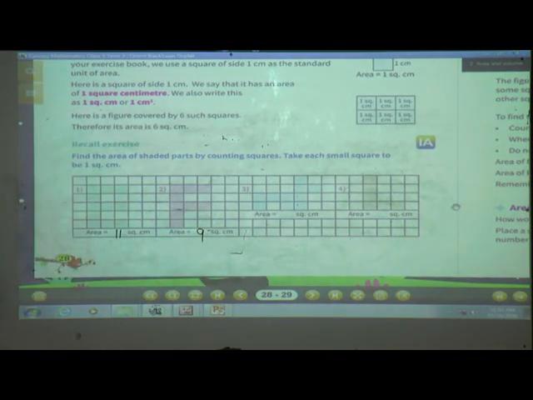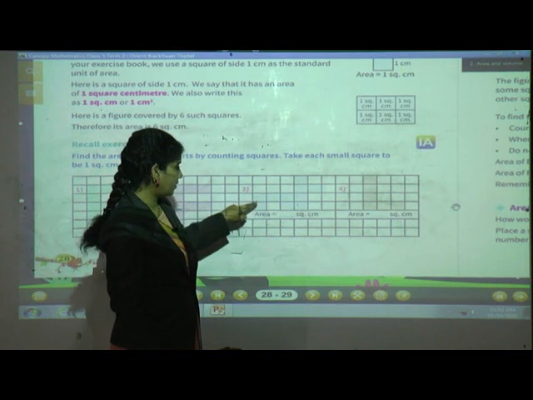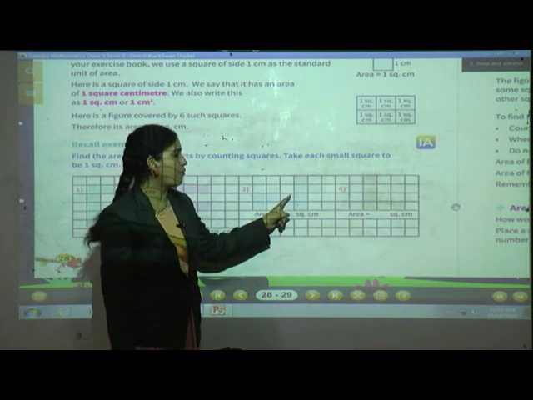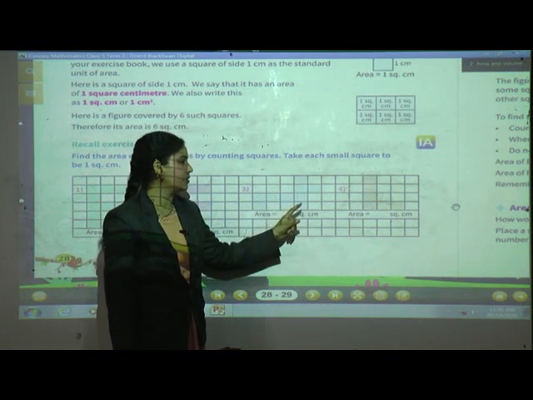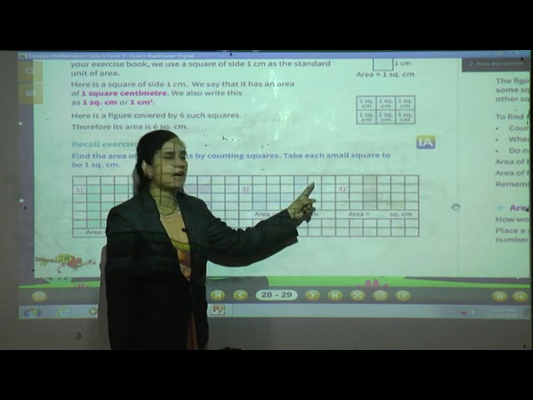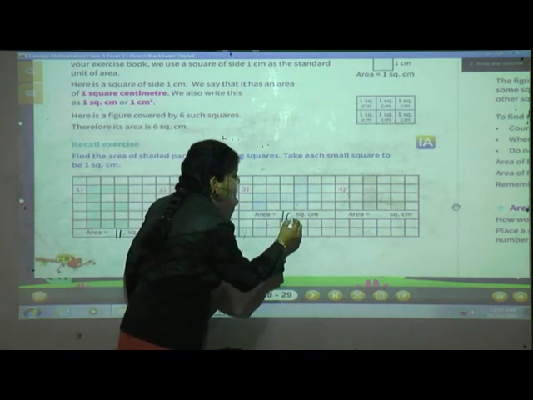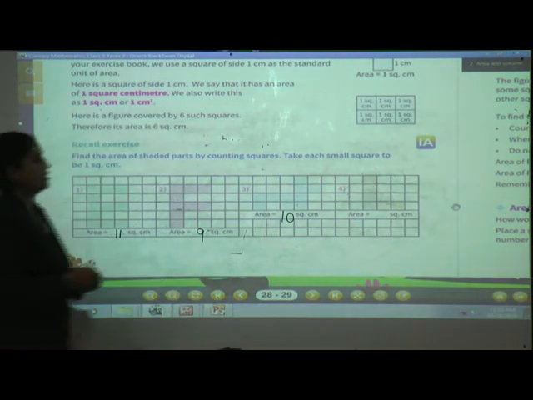Again the next one, third one, count the shaded part. Yes students, count it. 1, 2, 3, 4, 5, 6, 7, 8, 9 and 10. So the answer is 10 square centimeter.